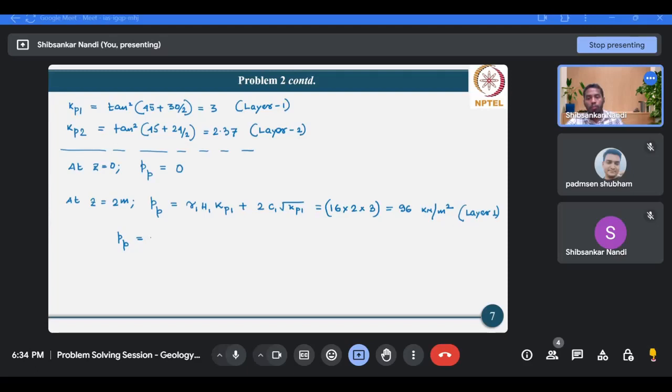Therefore, at the same interface we will have two passive earth pressures. One is from layer 1 and the second one is from layer 2. However, the vertical overburden will remain the same, and that is gamma 1 H1. So Kp2 plus 2C2 root under Kp2.